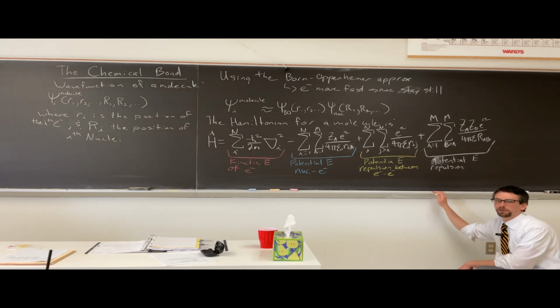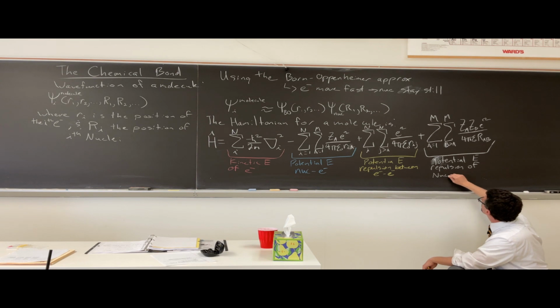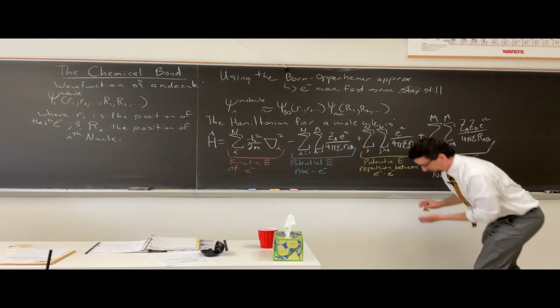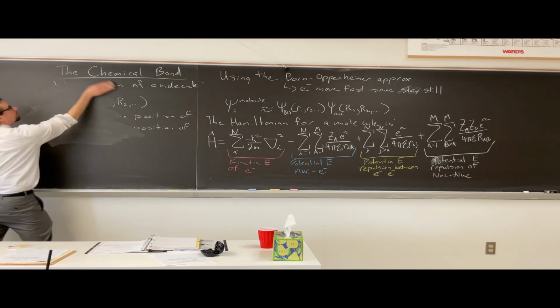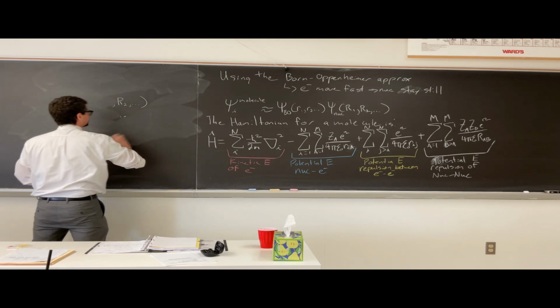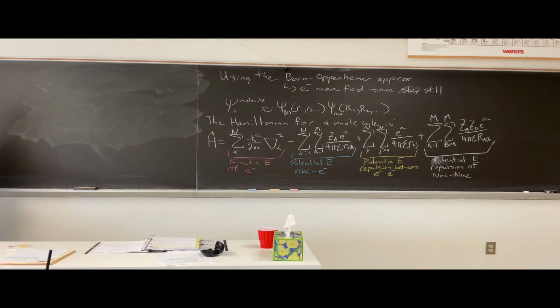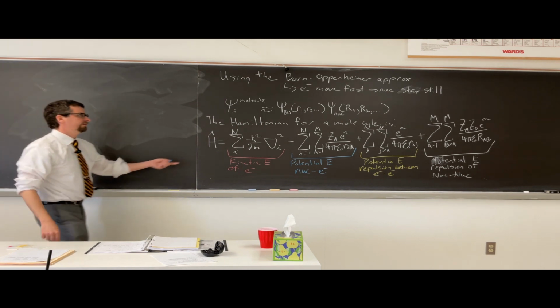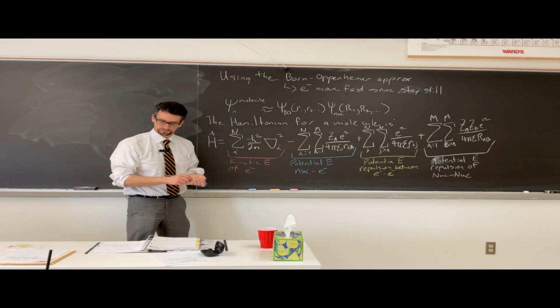Oops, I gave this away. What's this the repulsion of? You said it earlier. Yep. Okay. However, what would be nice is to have this represented just for the electron systems.